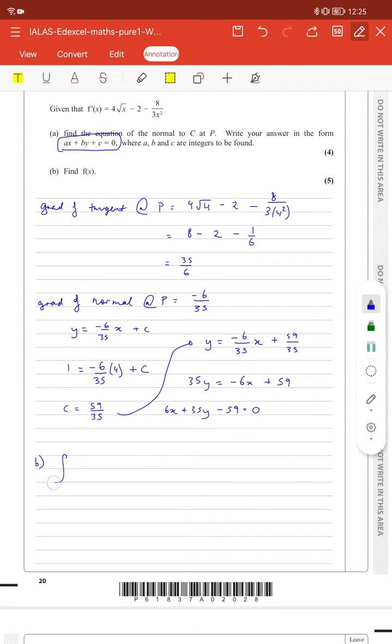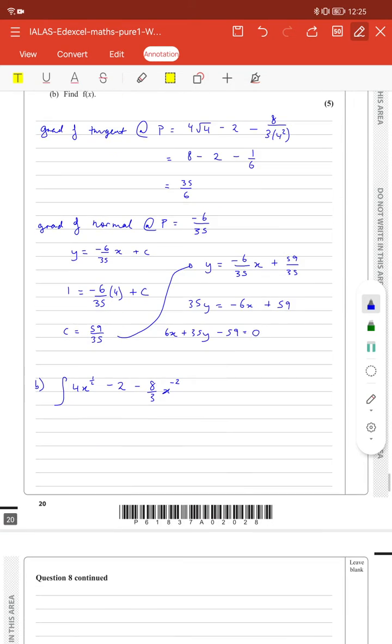So for the second part, if I am going to integrate 4x to the power of a half minus 2 minus 8 over 3x to the power of minus 2 dx, well, remember we are going to raise the power by 1 and divide by the new power.